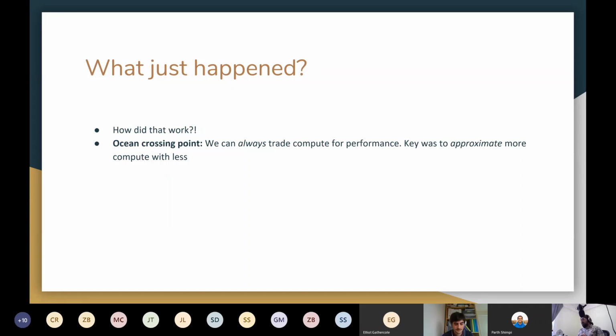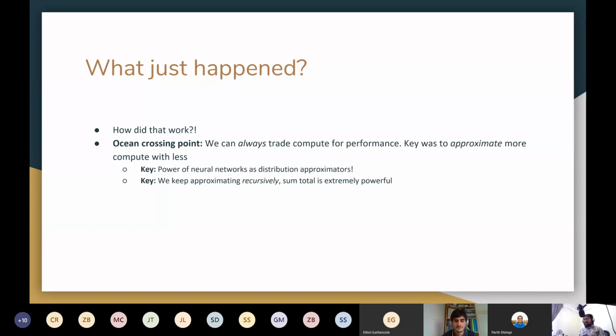You can run an algorithm for longer, get more samples from a distribution, and learn it a bit better. The key is that we can then approximate this more compute with less compute. And this is the power of neural networks. They can take a really expensive complex function and learn how to approximate it well in a fairly cheap way.